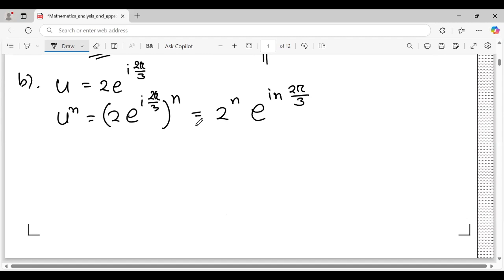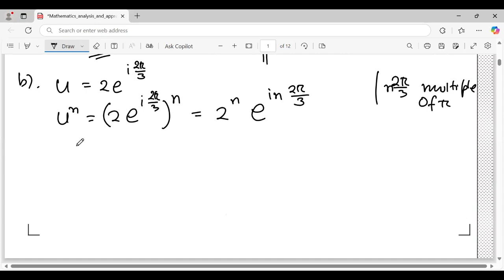So for u power n to be a real number, the angle 2 pi third n must be a multiple of pi.